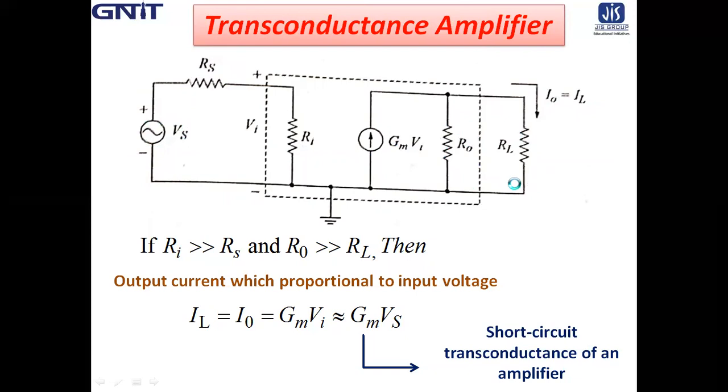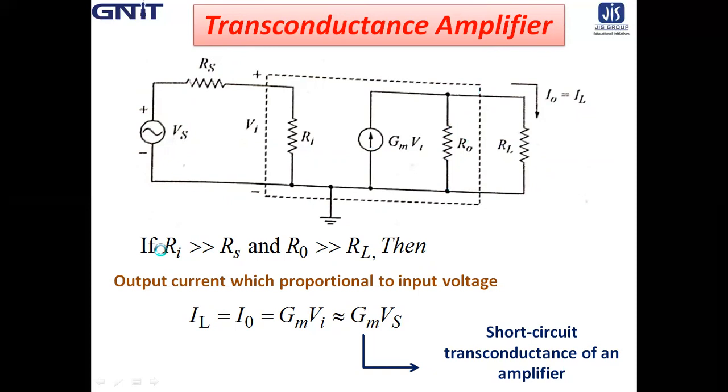So the transconductance amplifier is a two-port network. It consists of Thevenin's network at the input stage and Norton's network in the output stage.